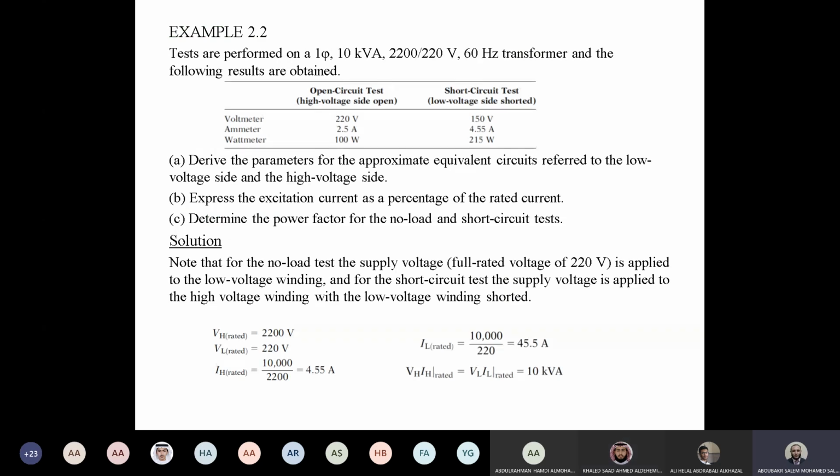Doctor, can we find the rated current without looking at the plate data? No, in order to know the rated current for any device, you have to check the nameplate data. We cannot measure it. You can measure current, but how will you recognize whether this is rated or not?